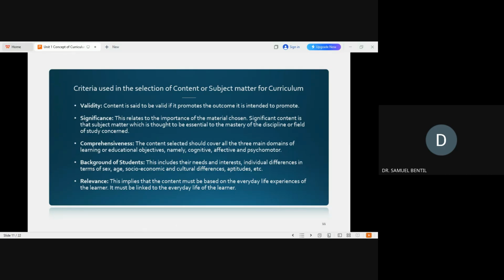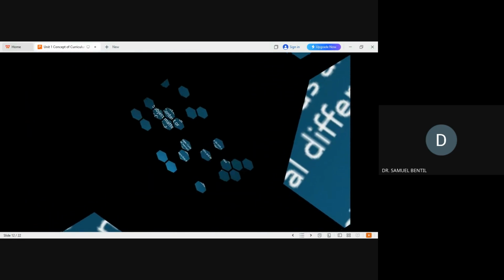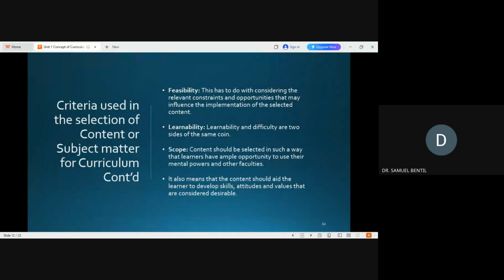But when it comes to utility, we are talking about the fact that the content selection or the subject matter or the course, we are looking at it in terms of the usefulness of that subject matter or content in helping learners to solve the problems of not only their society, but also beyond their society. That's the criteria of utility.